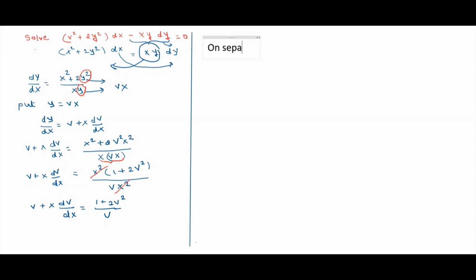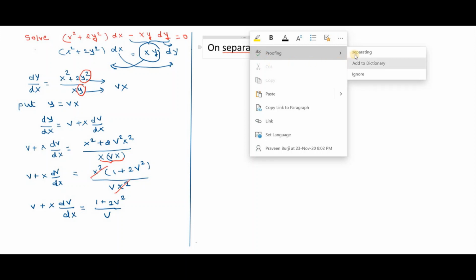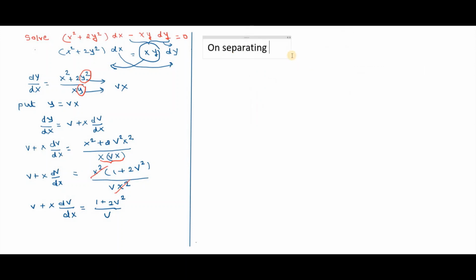On separating the variables, we get. Now how to separate the variables?